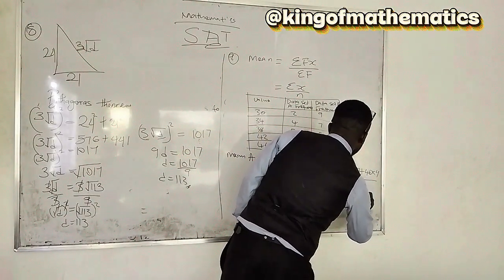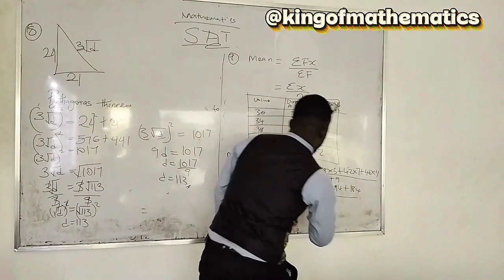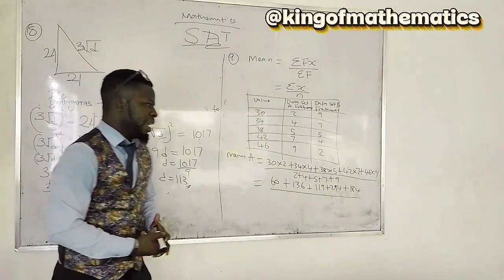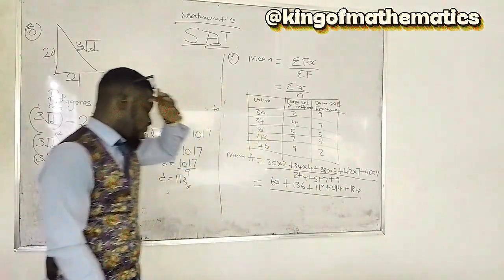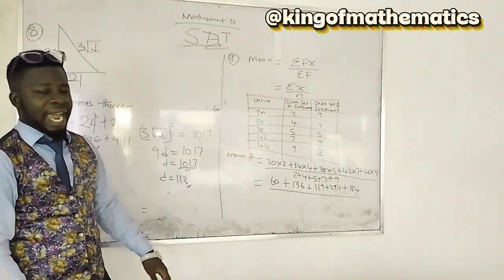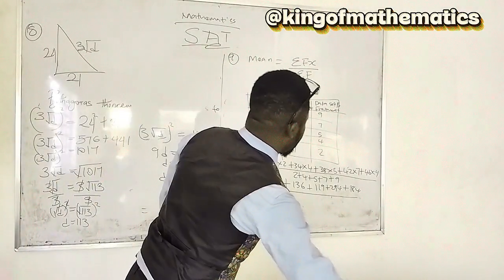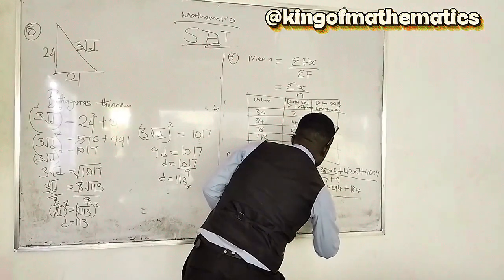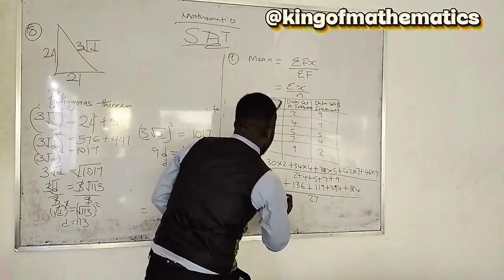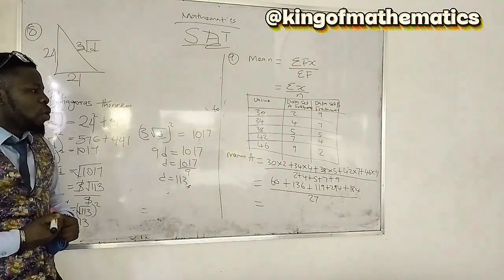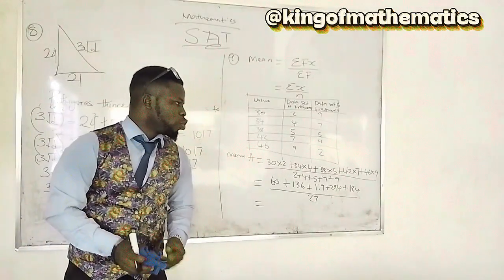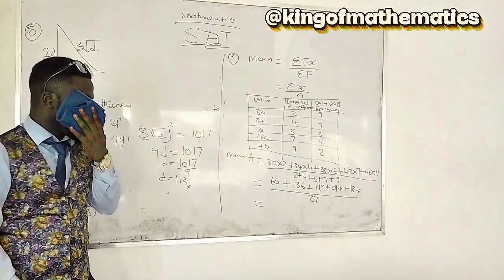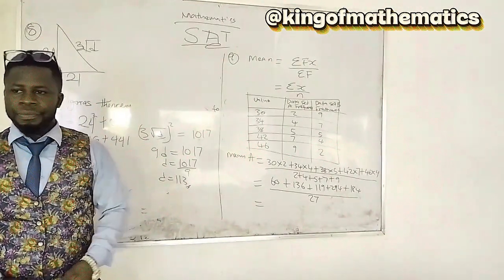All over, what's 2 plus 4, that's 6, 11, 18, then plus 9, that's 27. So what is 60 plus 136 plus 190 plus 294 plus 184?